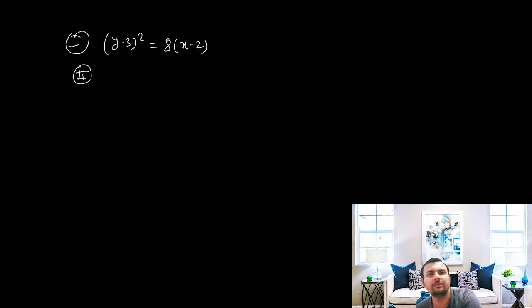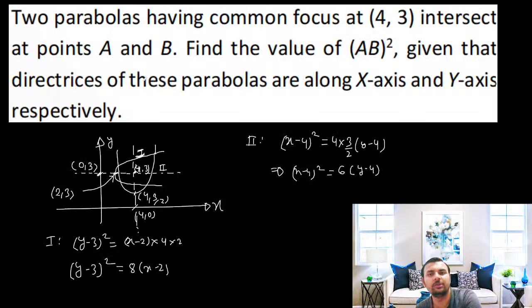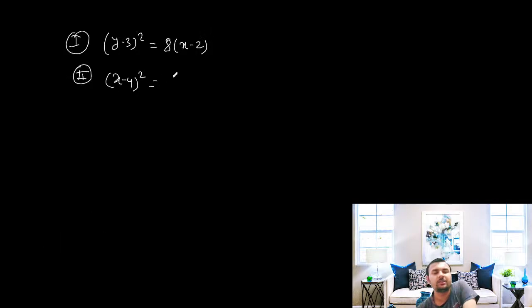Second, (x - 4) whole square equal to 6(y - 4). Okay. How to solve it now? We have to find their point of intersection.